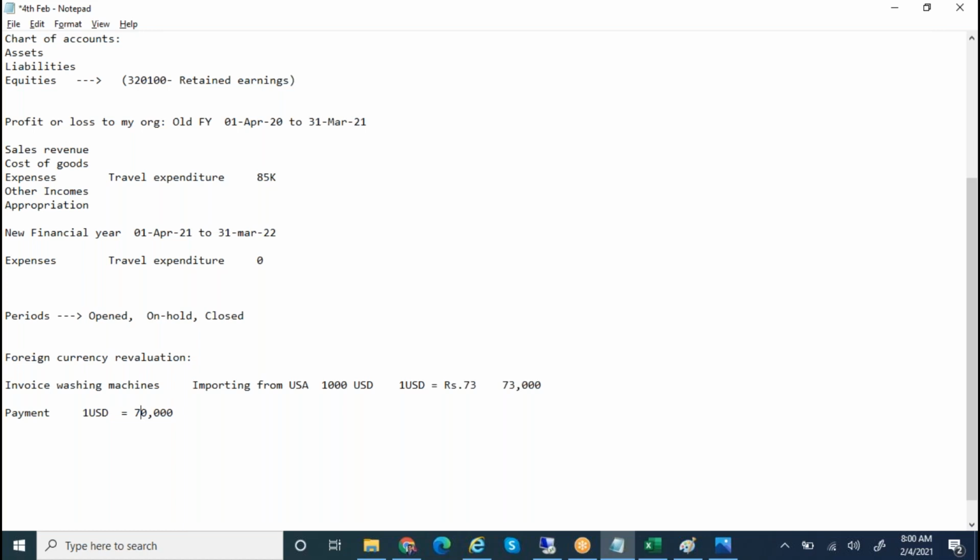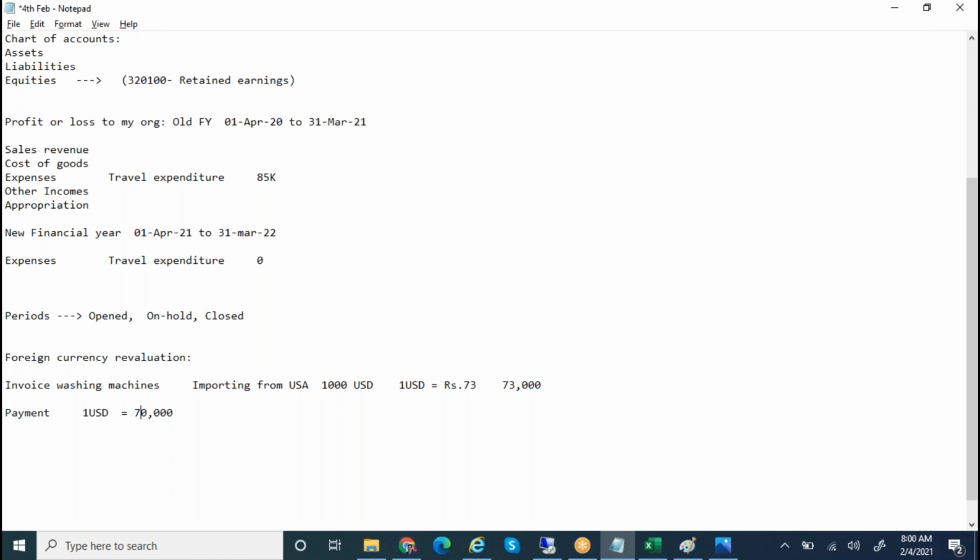Suppose I am importing material from Dubai, then AED, Arab Emirates Dirhams, is my accounting currency. If I am importing material from Oman, the Omani Rial is my foreign currency. If I am importing from Singapore, Singapore dollars. From Malaysia, Malaysian ringgits.